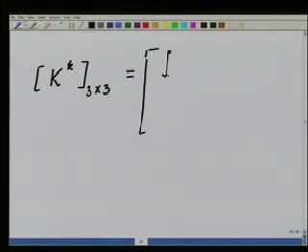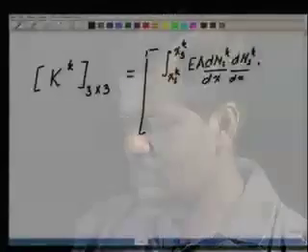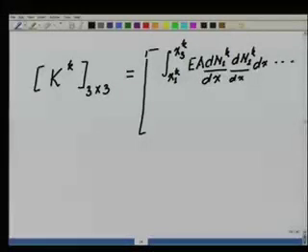It will be the integral from x1k to x3k of EA d n1k dx into d n1k dx, and this will be the first row, first column entry.